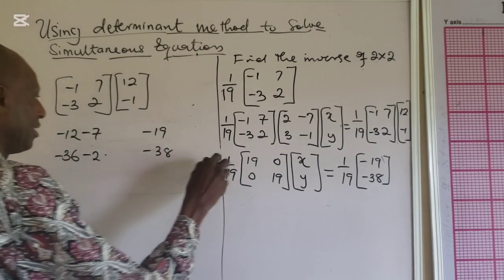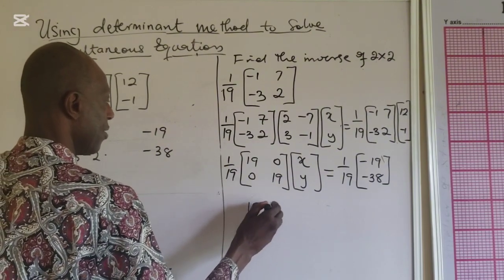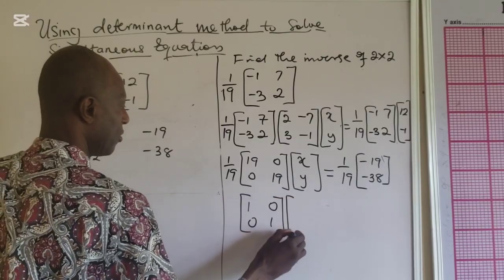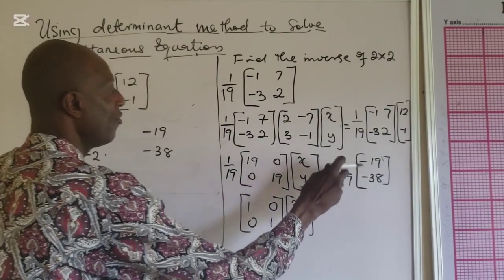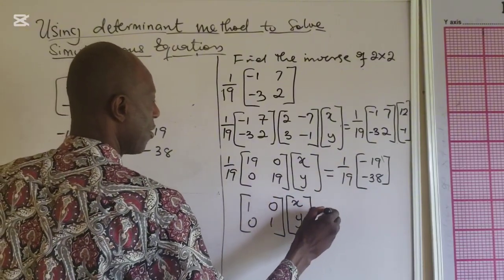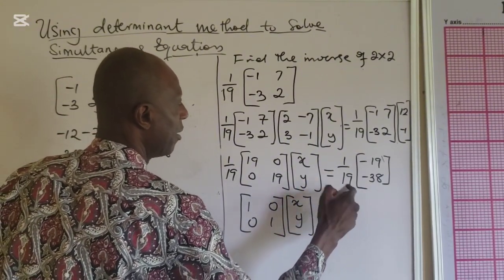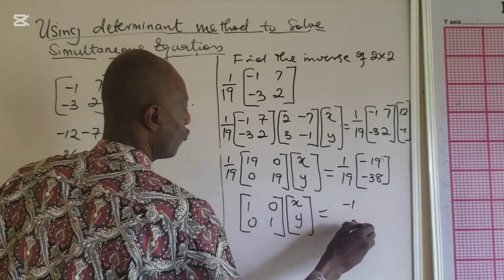Now, when you use this to multiply this, it gives us 1, 0, 0, 1, the identity matrix. So x, y. When you use 19 to cancel this, here will give us minus 1, and this will cancel this, giving us minus 2.